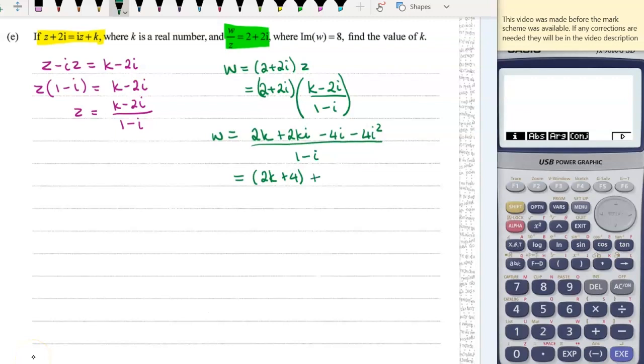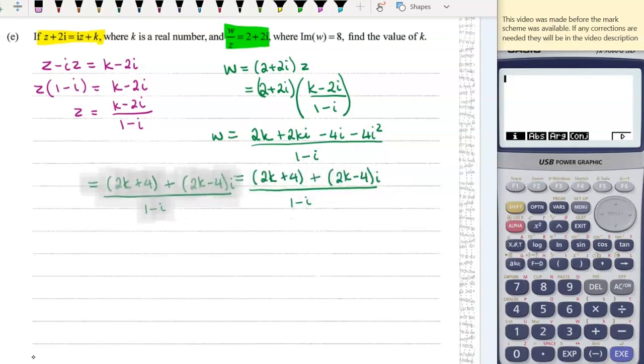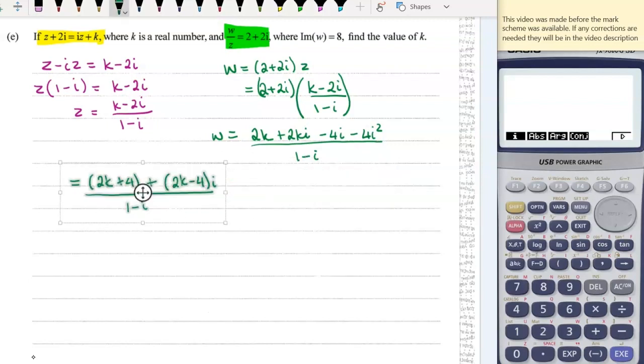And the imaginary part is 2k minus 4 times i from these two terms just here. That will be all over 1 minus i. Okay, now if I just bring that over to the left just a little bit, what I'm going to do next is multiply by the conjugate of the denominator, because what I want to have is this in the form of a plus bi, so I can pick out the imaginary bit and match it to this. So that's where I'm going next.